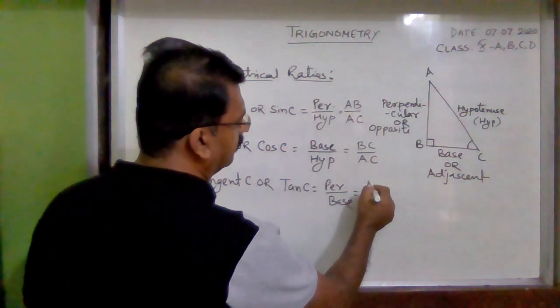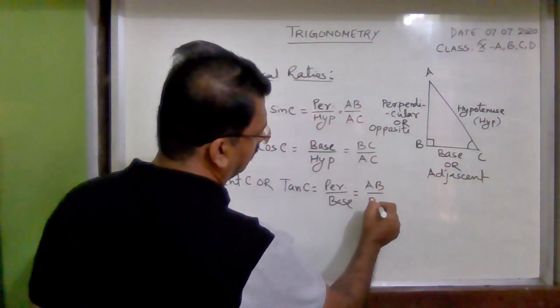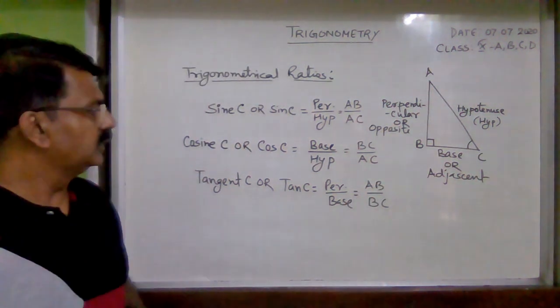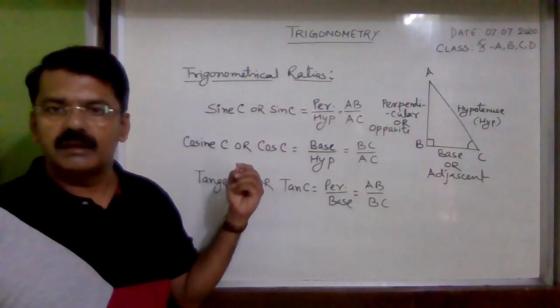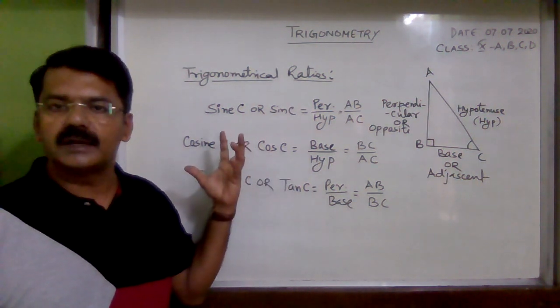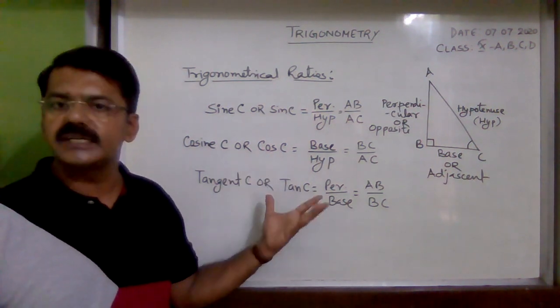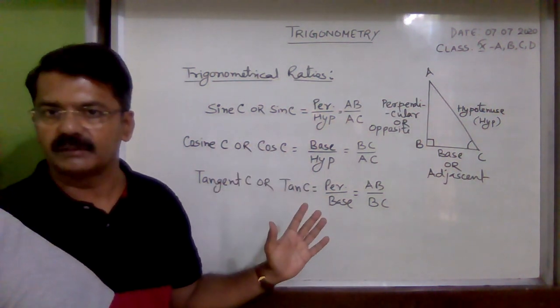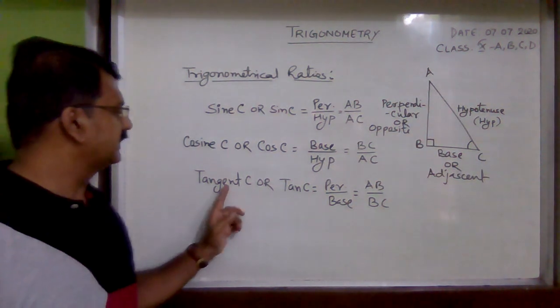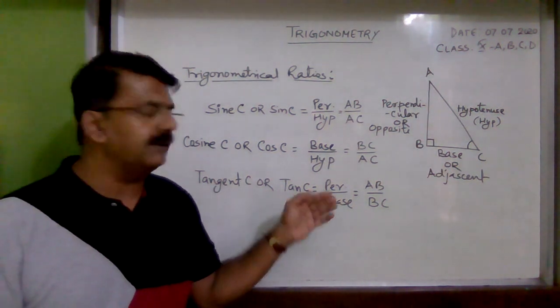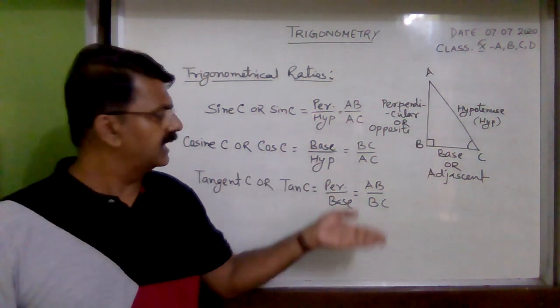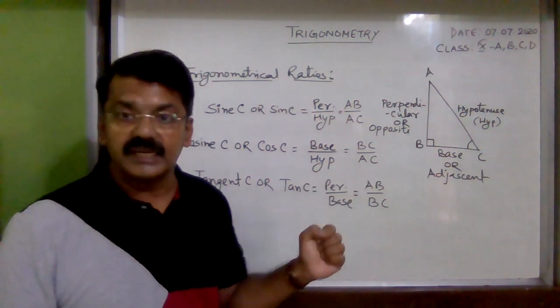Here it will be AB upon BC. So you must remember these ratios because in various questions we have to use them. Clear? So tan C is perpendicular upon base, that is AB upon BC.